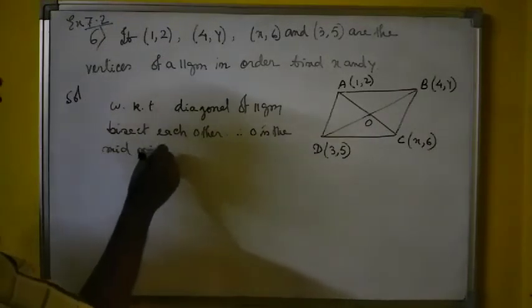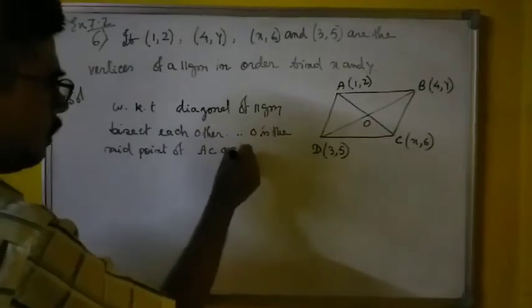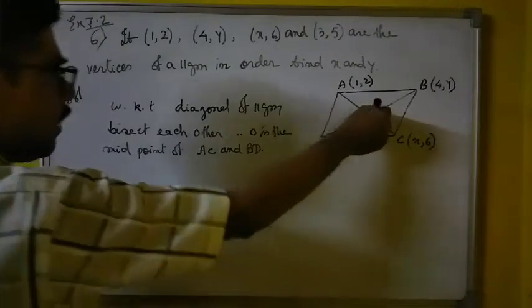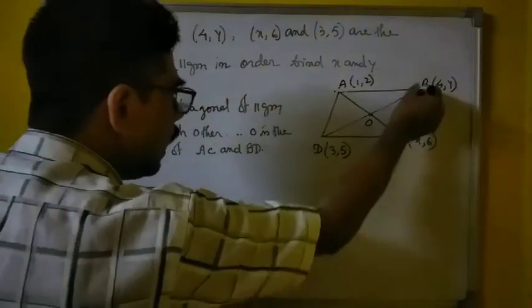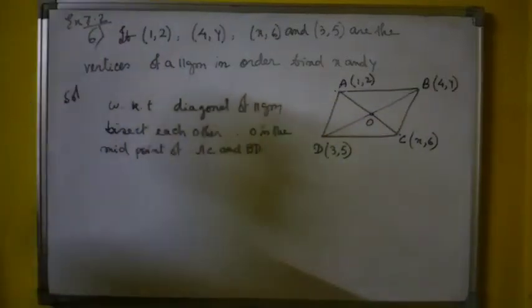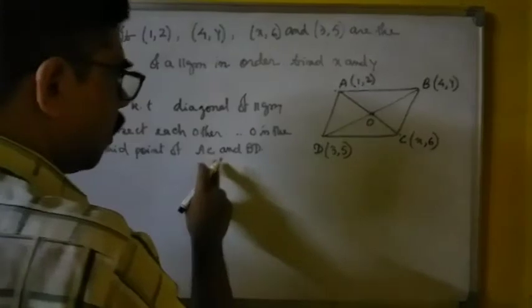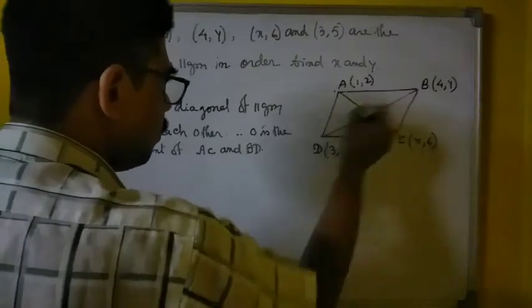O is the midpoint of AC and BD. So we can find out the coordinates of O from AC and from BD. We can find the coordinate of O from AC also, from BD also.